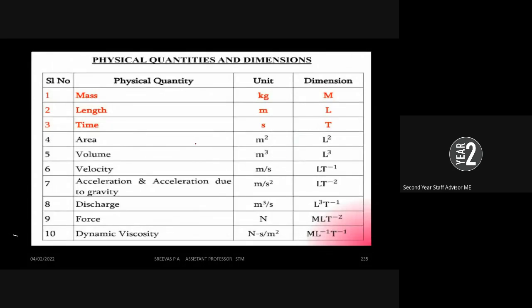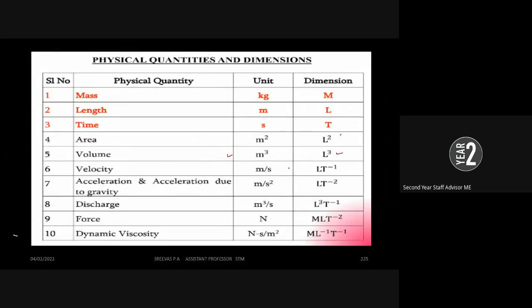Area, unit is meter square, that is one linear dimension into another linear dimension, so dimension will be L square. And volume, unit is meter cube. We multiply three linear dimensions, so the dimension will be L cube.